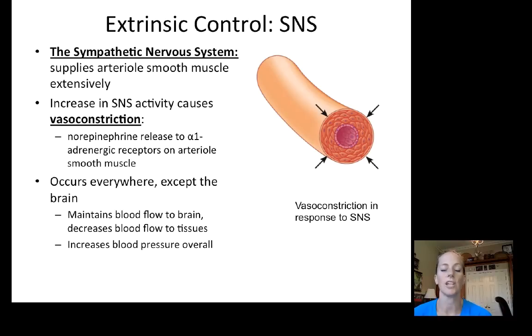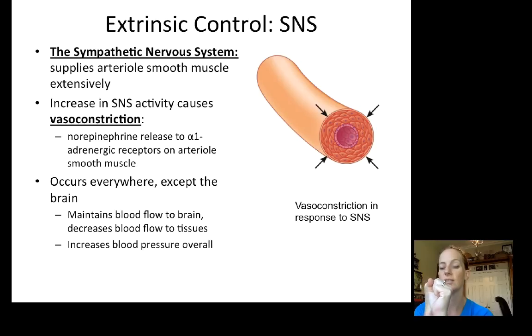Those were all local changes. Now let's talk about changes to large groups of arterioles, or extrinsic control. This will change all of the arterioles in the whole system, not just a single group of arterioles at a particular tissue. The sympathetic nervous system can supply the arterial smooth muscle, and as it releases norepinephrine, it will cause constriction or contraction of the smooth muscle and decrease that radius.